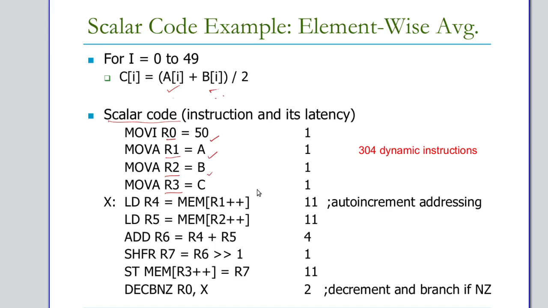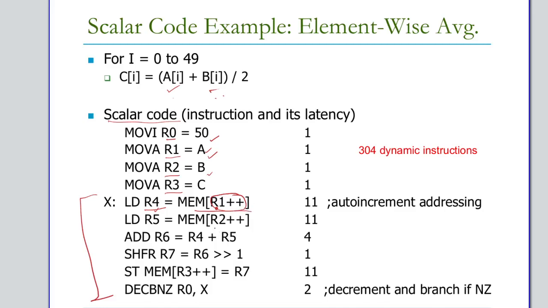Now you have a loop. How is it working? First of all, you will load. In R4 you are loading from memory. R1 is specifying the address, so R1 is the address of A. So you are getting data from A, storing the first element in R4, and you are incrementing it.